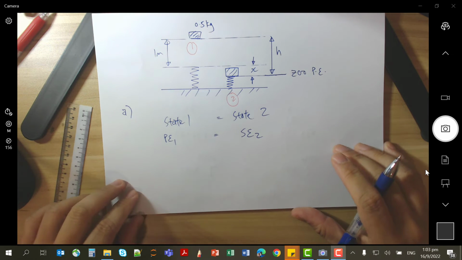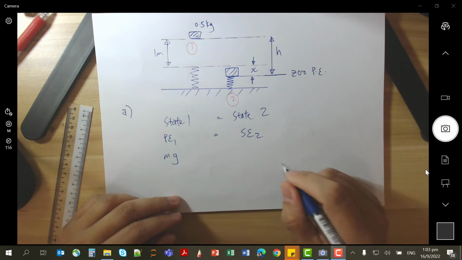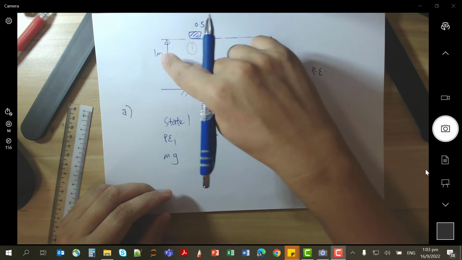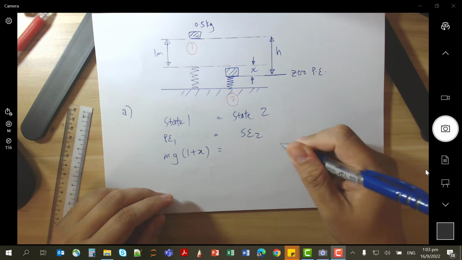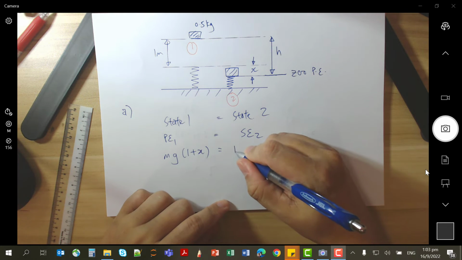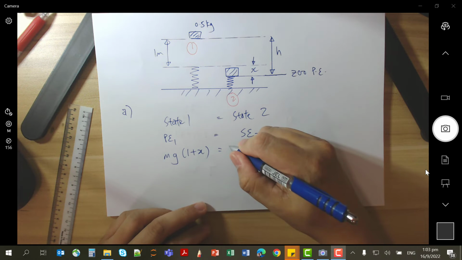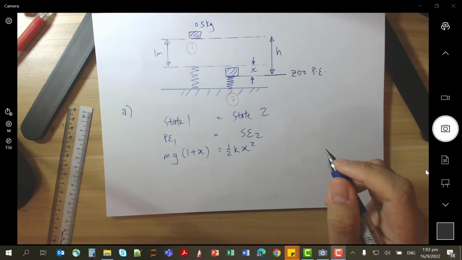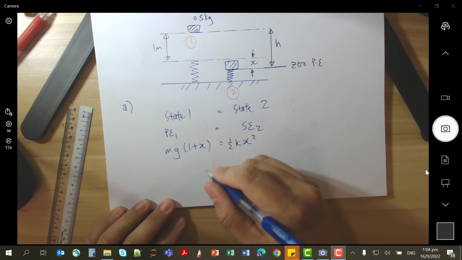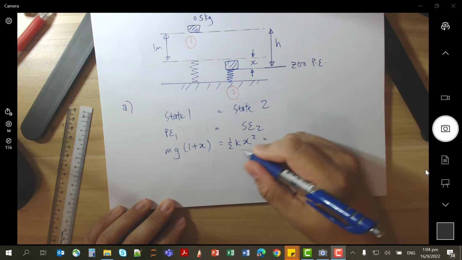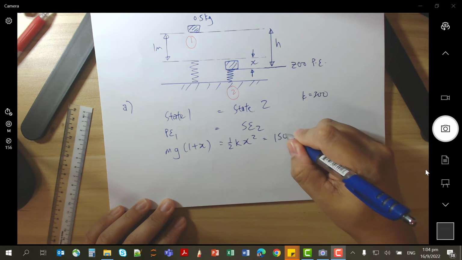PE1 is mgh, so what is h? The h value will be 1 plus x. And then the spring energy is not kx, but half kx squared, sorry. Spring energy is half kx squared. Here k is 300, so this is 150x squared.